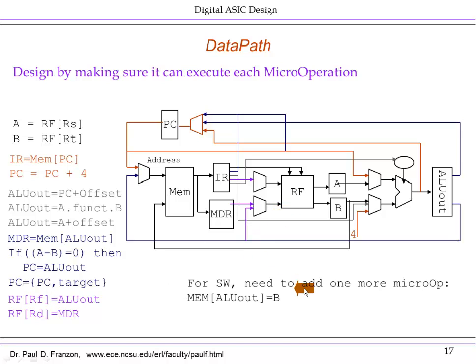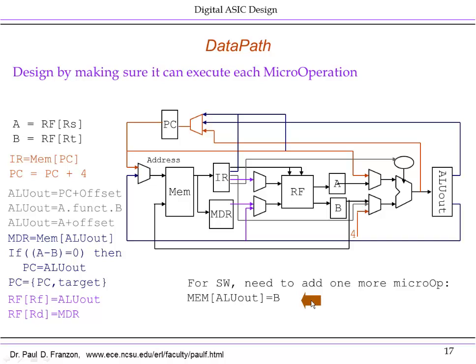Finally, we haven't been talking about this much, but for store word, we actually need one more micro op, and that is a lookup in the memory from ALU out, which we already have here. Result, but write B to the write port of the memory. So this is the write port of the memory, this is the address port of the memory, this is the read port of the memory.